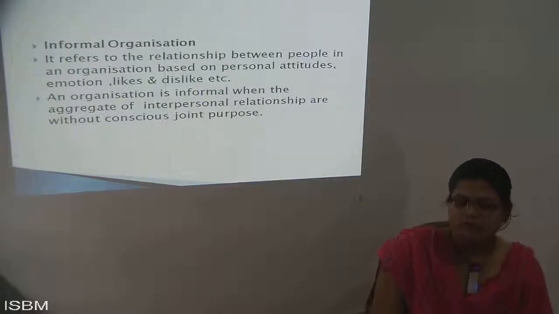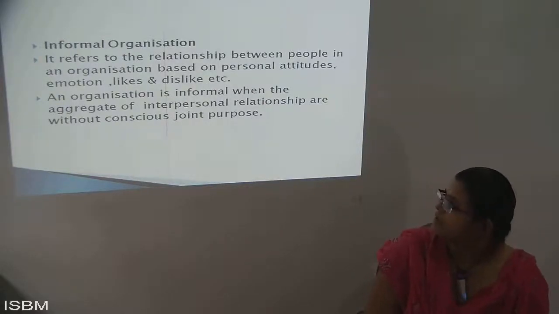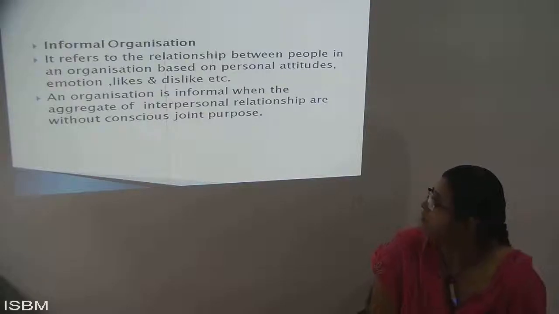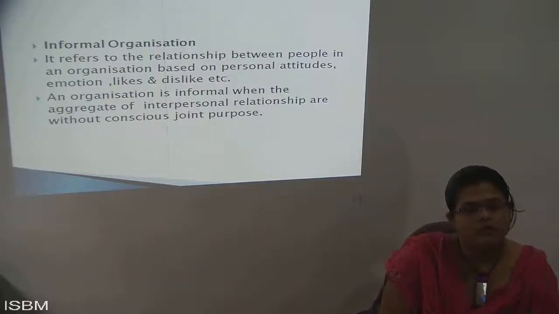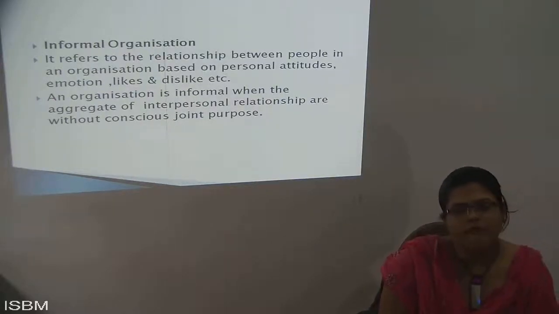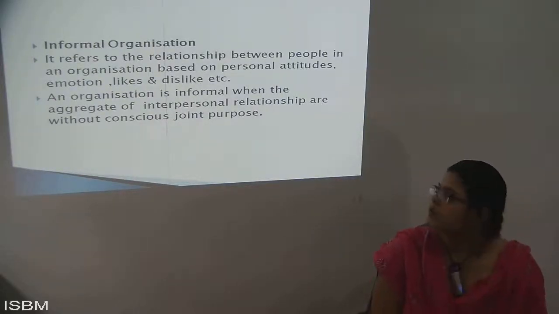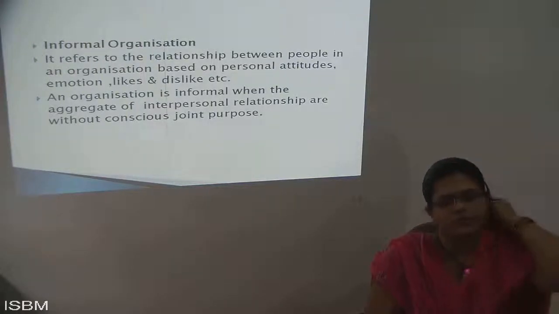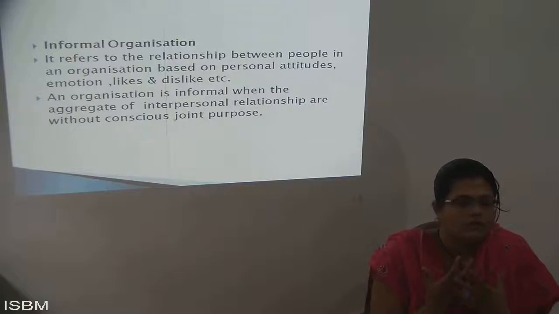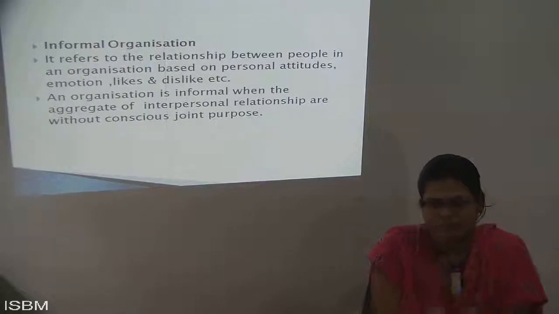So that is why, in the informal way, we have learned now, it refers to the relationship between the people in the organization based on personal attitude. Like, in the organization, how do we hire an employee? First, with the help of attitude, how they behave, because it's one type of informal way. So you check the attitude, how that person behaves.